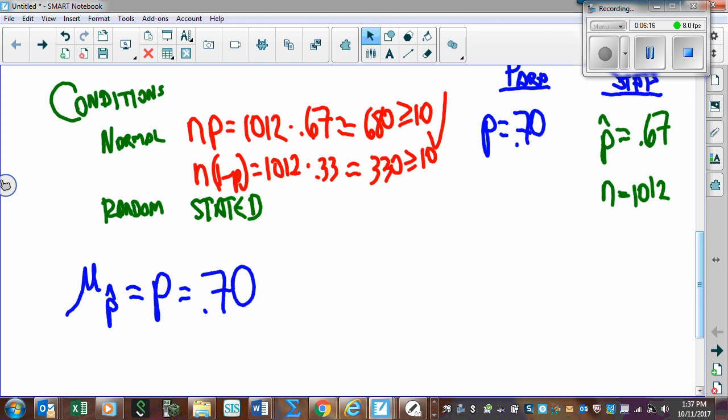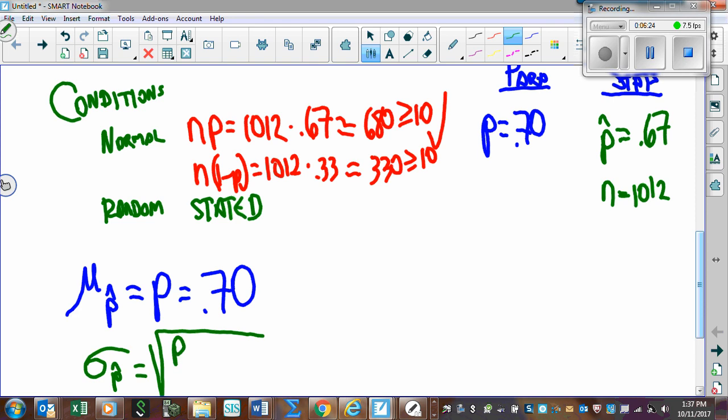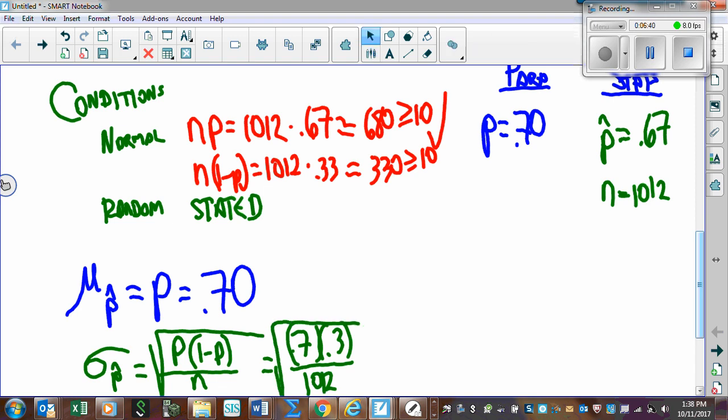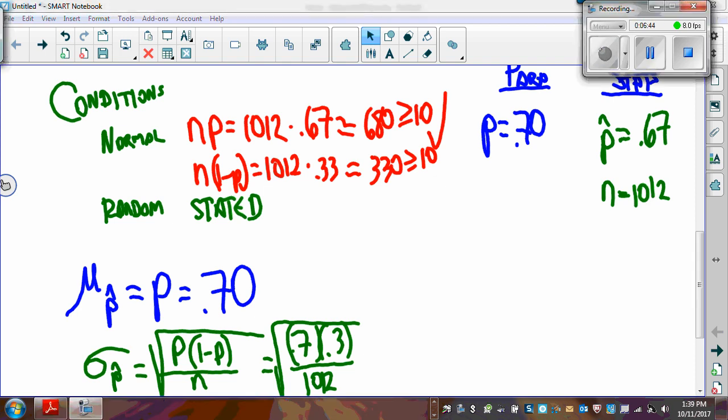Then our spread, and that for a proportion problem is sigma of p hat, and that is equal to the square root of p times 1 minus p over n. And so that's going to be equal to 0.7 times 0.3 over 1,012. And we're going to take the square root of that. So that's about 0.014.